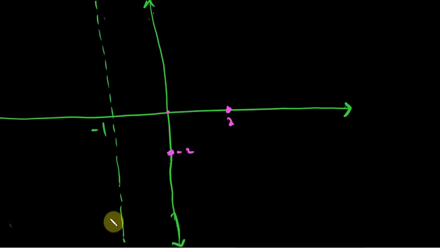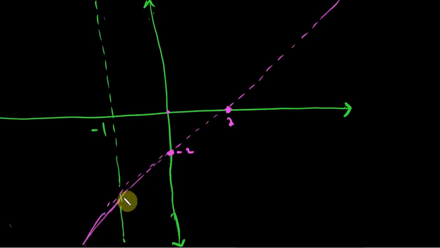So this tells us that the straight line graph passes through these points. This is our slanted asymptote, which is y equals x minus 2.